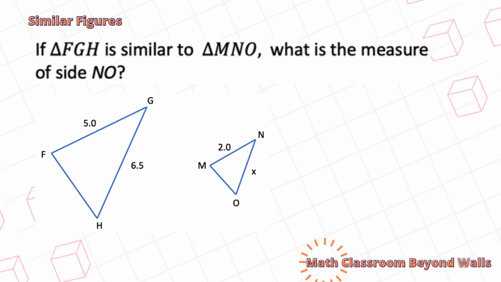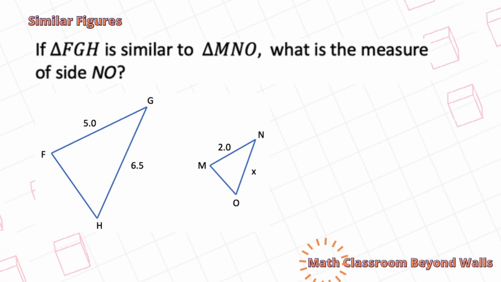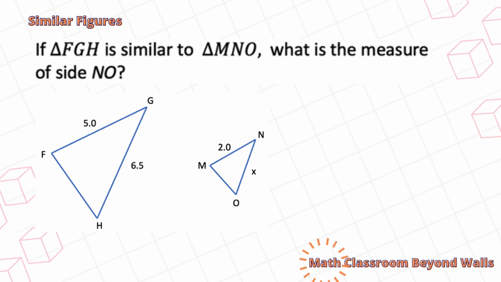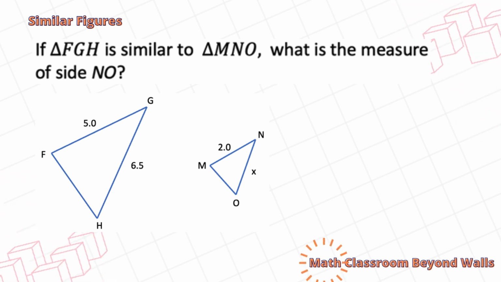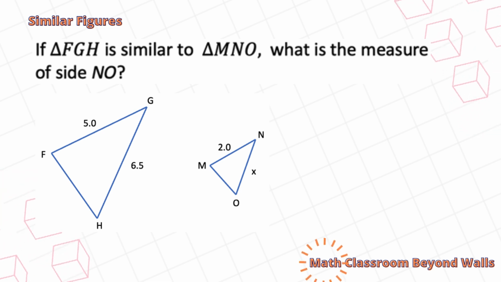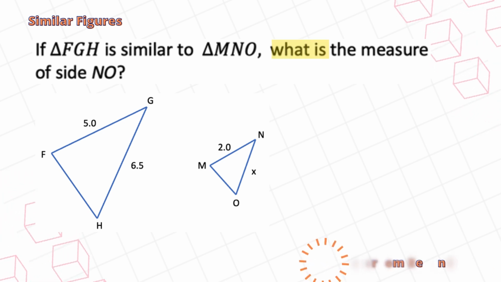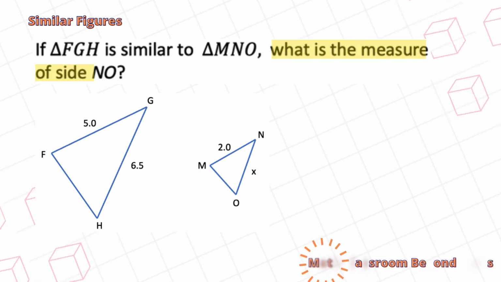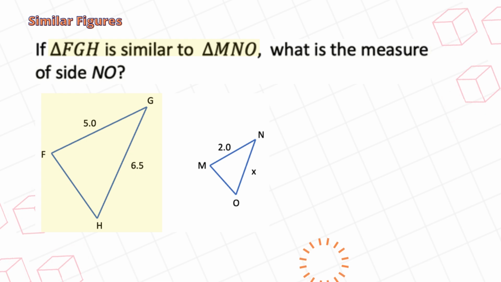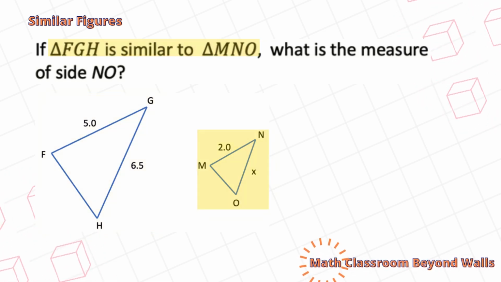As usual, we begin by reading the whole problem and may read it several times when needed to know what we're looking for, to determine what are given, and to figure out how the given information help find what we're looking for. What are we looking for, learners? You are correct. We're to find the measure of side NO. What are given? We're given that triangle FGH is similar to triangle MNO.